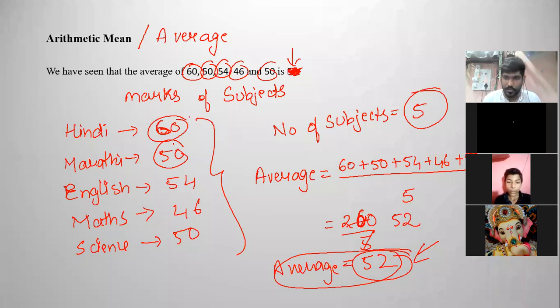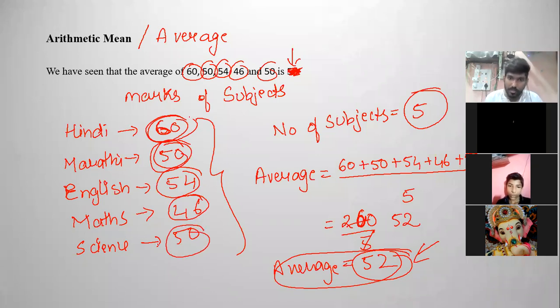This one is more than 52. This is also around 52. This is less than 52, but still close to 52. Same here. So average gives you the approximate marks in each subject in this case.